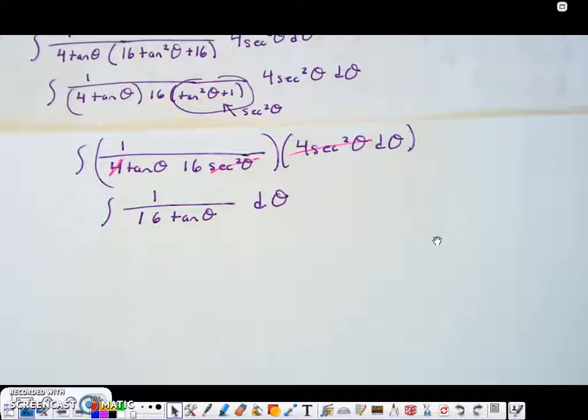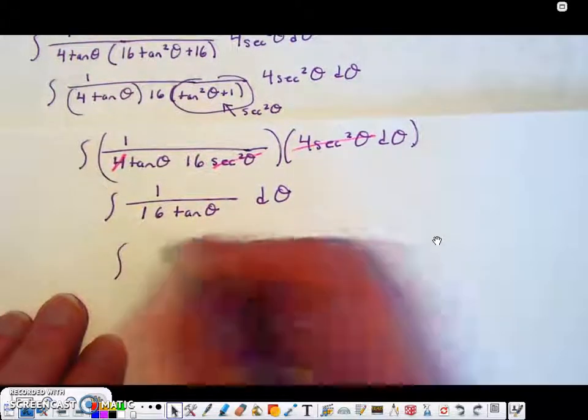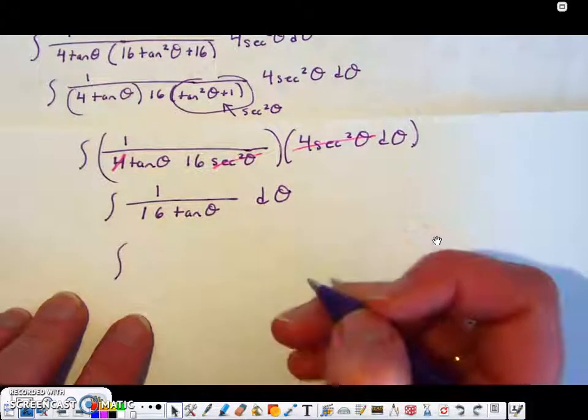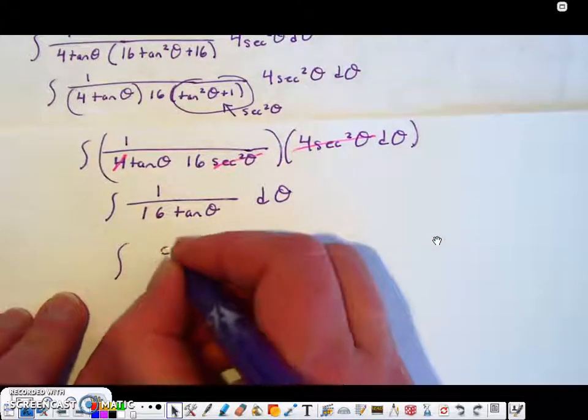It will eventually be a u substitution. Can you break tangent into anything? Sine over cosine is a good idea. Okay, so a couple of ways. It would be cosine over sine, yes.